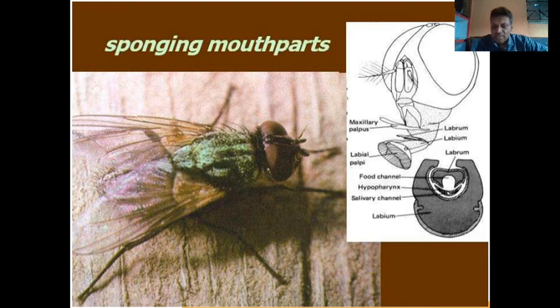They are a sponge-like structure. These are modified maxillary palps, labial palp, labium and labrum. All are modified, not elongated, not a tube-like structure. This is a pad-like and sponge-like structure.